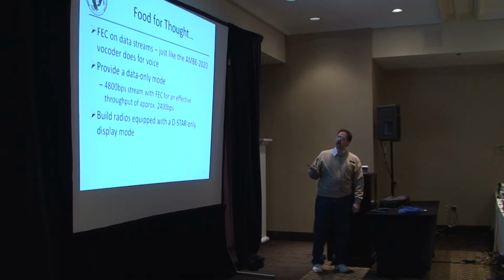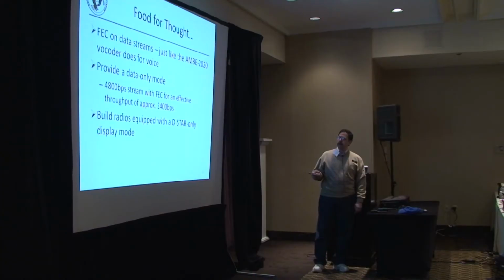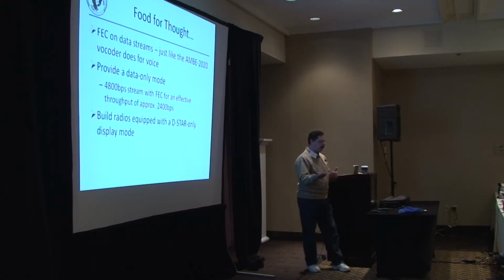What we really want is forward error correction on everything that we send, not just the voice. The one thing I'd like to see, and I know others have said this, and I'm not omniscient on this: what goes out on D-Star is the voice content with the overhead of forward error correction, which takes up the equivalent of about 3,600 bits per second of capacity.